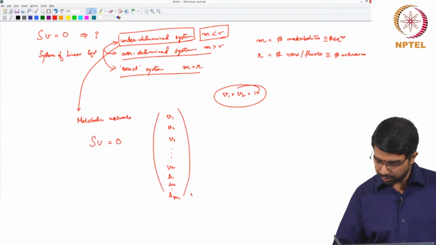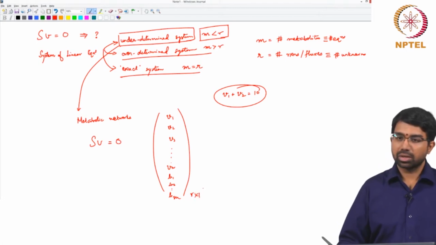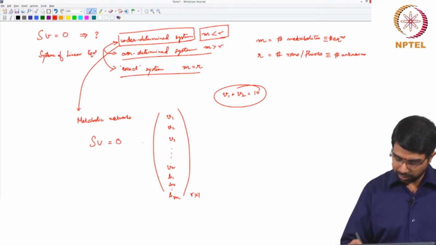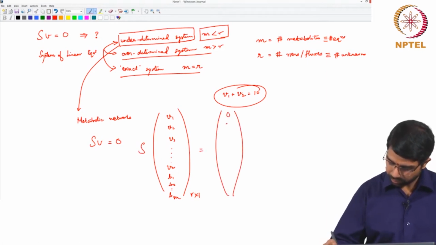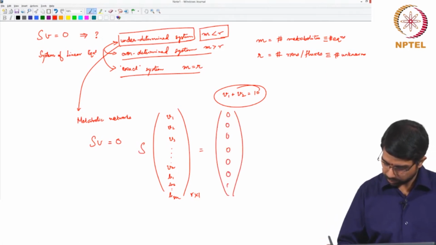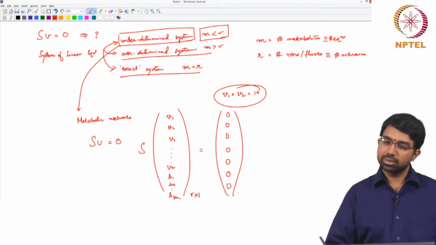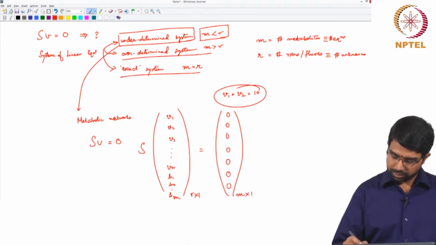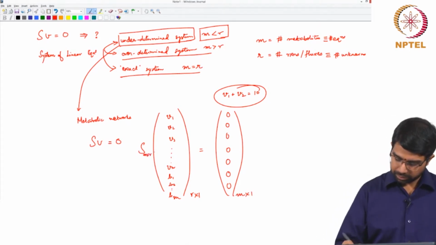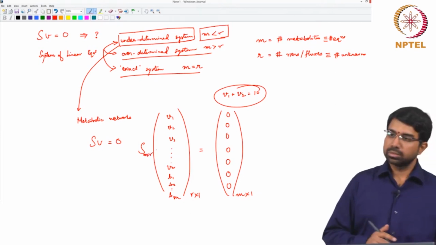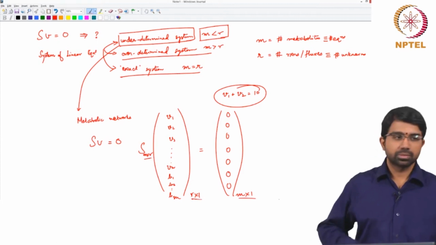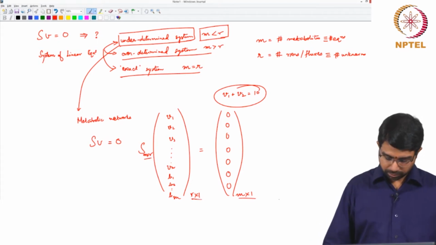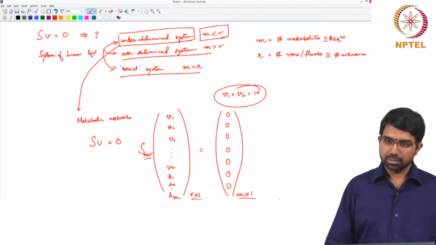This is going to be your R cross 1 vector that you are going to find out. This is what multiplies S. What is the size of this vector? M plus 1. Right. So, this is going to be M cross R, this is R cross 1, this is M cross 1. Clear?